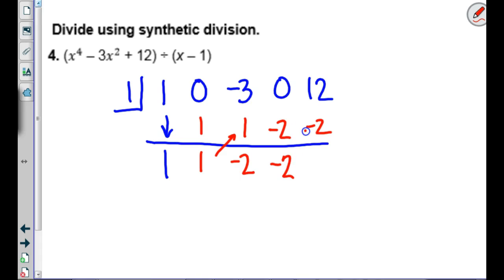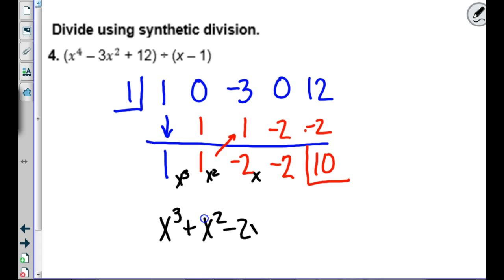Multiply is -2. Add is, okay, so the answer is, see, this one gets an x squared, x. So x cubed plus x squared minus 2x minus 2.